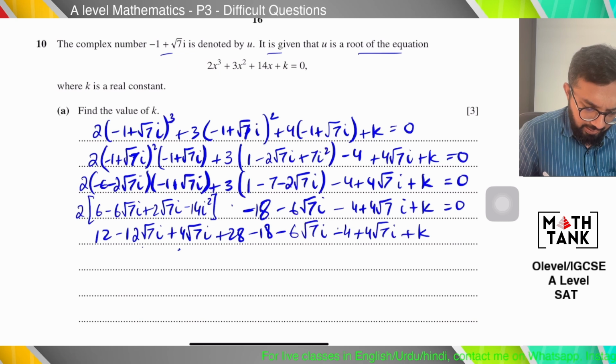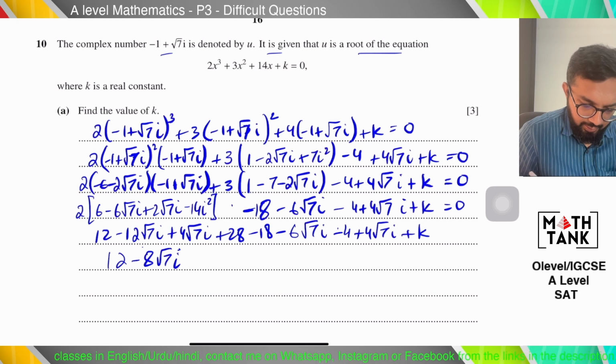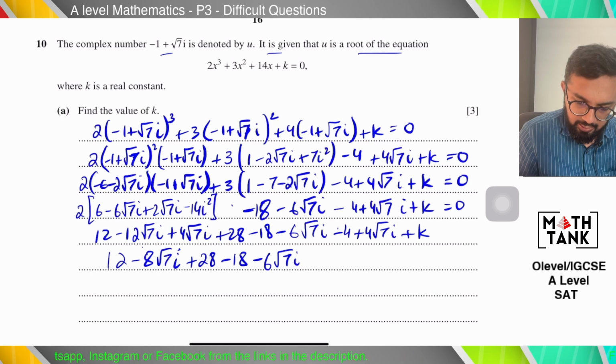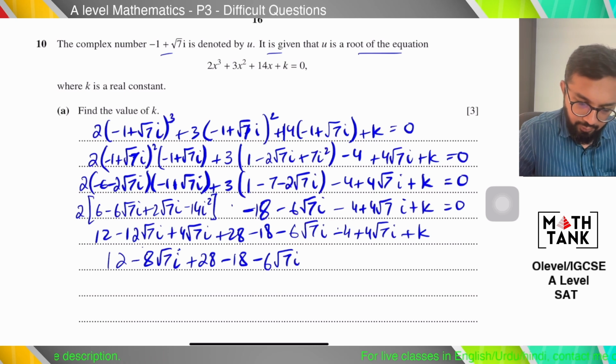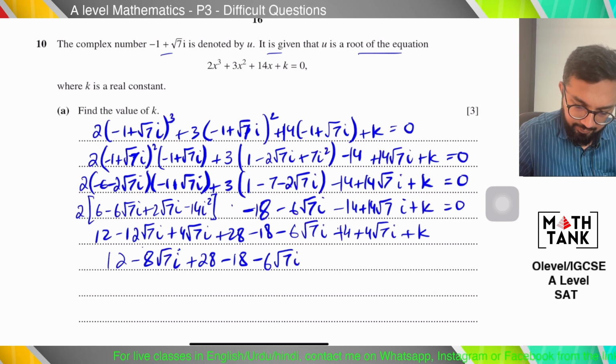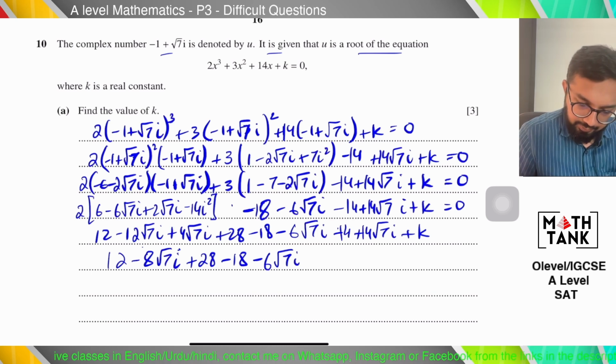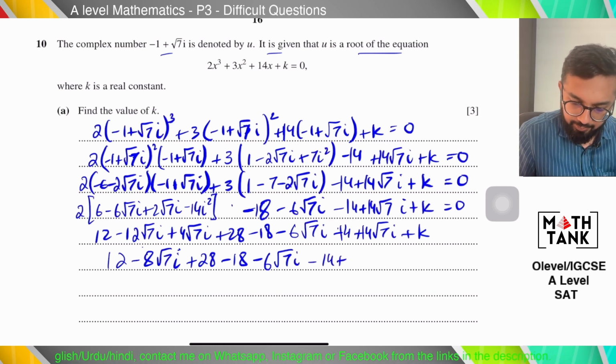There's some problem with the expansion, I think. Let's try. Minus 8 root 7i plus 28 minus 18 minus 6 root 7i. Okay, instead of 14, I have 4 here, so that should mess it up. 14, yeah. That's a silly mistake that I've done. Let's see if that solves the problem.